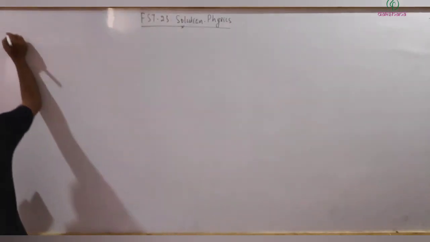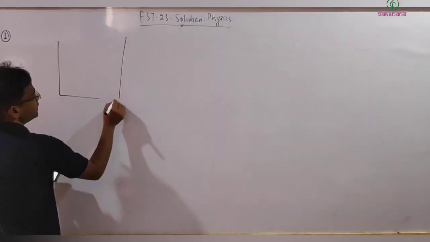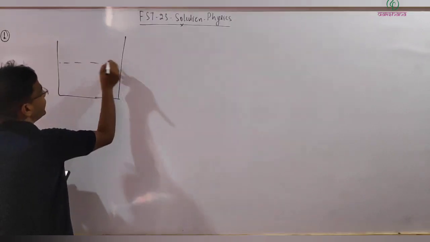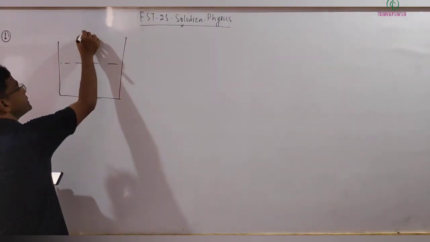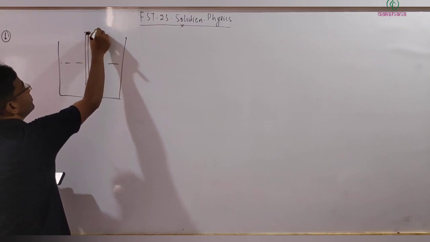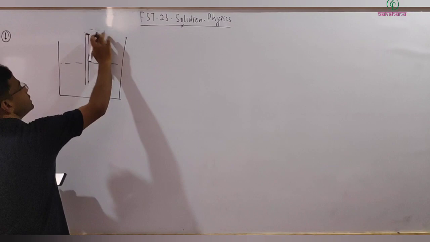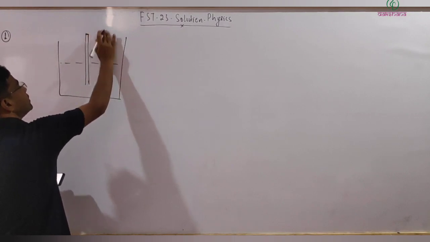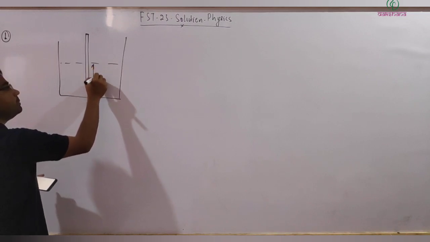Here, let's say one container has some mercury, and in this a tube is inserted, and this is sealed. Half of the tube is immersed, so the mercury level is L by 2.